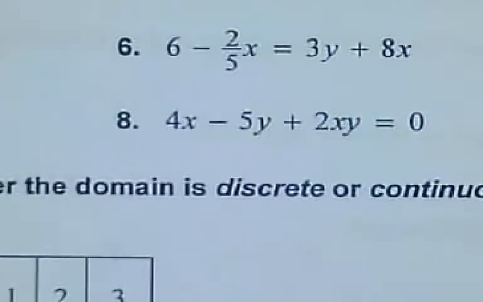So this has to be linear. But look at number 8. This right here means nonlinear, because of multiplication, when you multiply this x and y together. We'll do some more examples like that.